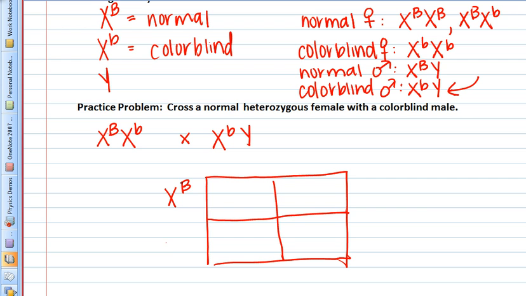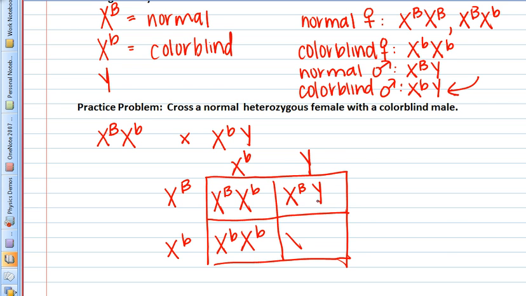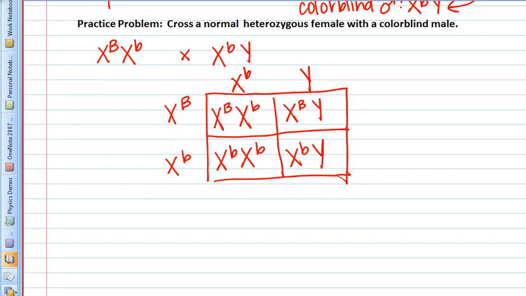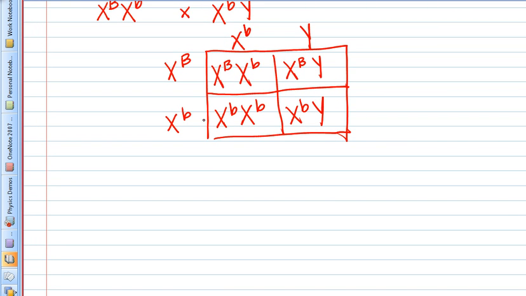So this would be X big B, X little b for the female, X little b, Y for the male. Then we'd go through X big B, X little b, X little b, X little b, X big B, Y, X little b, Y. Now what we're going to notice is we've ended up with 4 different genotypes.